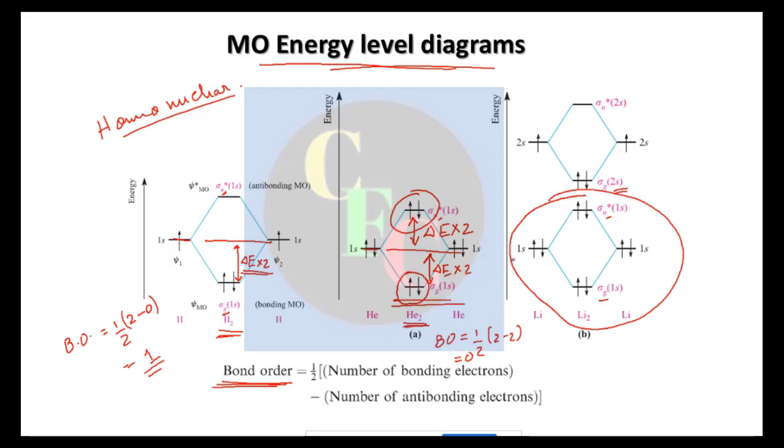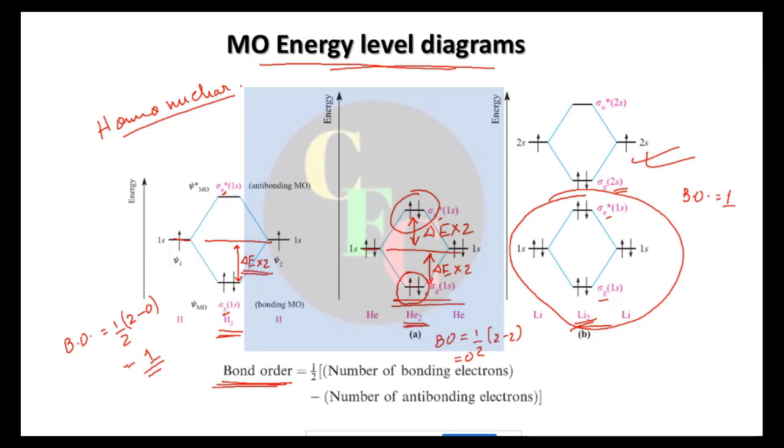You can do the calculations, but it will give you nothing, because these core electrons will always give you a zero bond order itself, right? You can only consider the frontier orbitals, or valence orbitals. This will give you again a bond order of 1. That means this kind of molecule is possible, Li2.